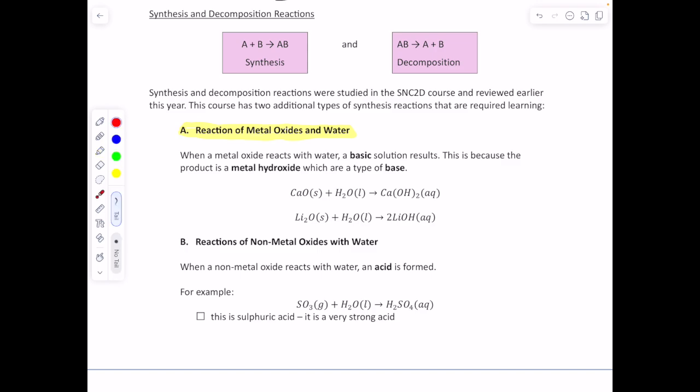So in this example, calcium oxide and water come together to form a single entity called calcium hydroxide. A plus B produces AB. This is a synthesis reaction. Similarly, we have lithium oxide and water combine to produce lithium hydroxide.